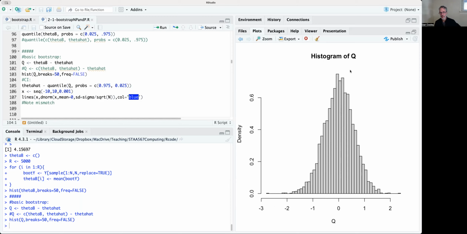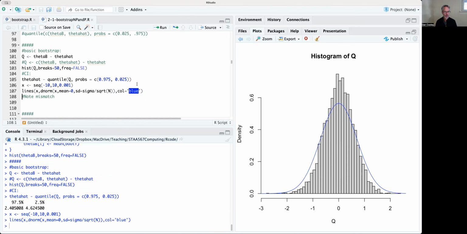Basically what we've done is we've shifted that distribution so it's now centered at 0. The center of our bootstrapped means was at the estimate 3.5, so we've centered this thing. And then for our confidence interval, we're going to take theta hat minus quantile, and you can see that our 0.975 quantile appears in the lower bound, our 0.025 quantile appears in the upper bound.